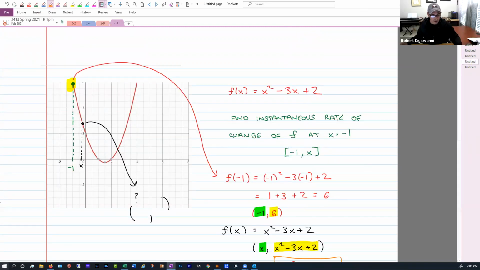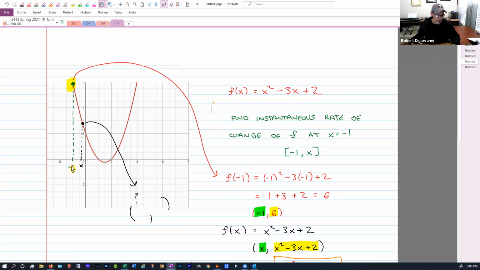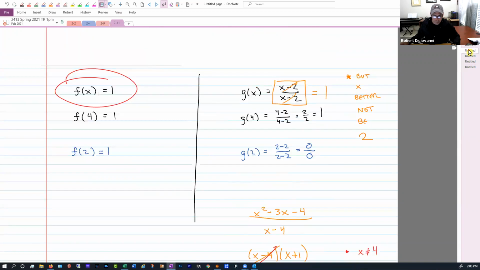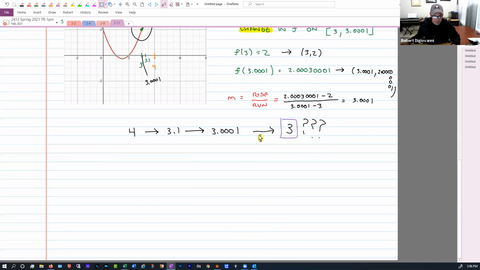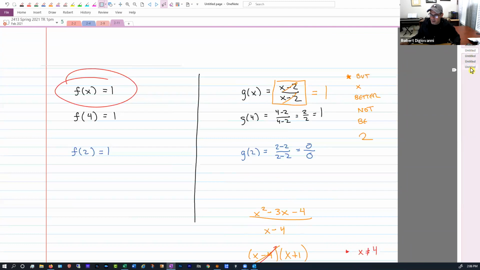So remember in this problem, we started at -1 and we said, okay, here's X, and then we want to move that X towards -1. The one before that, we were here at 3, and then we picked an X and moved that X towards the 3, right?